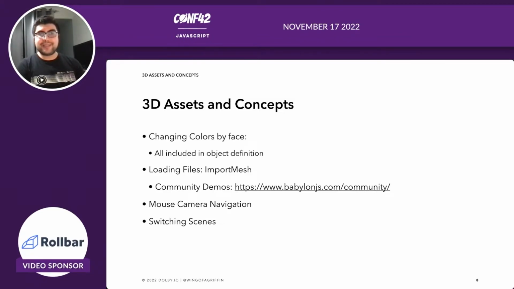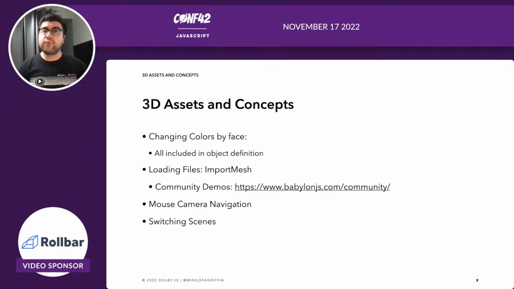So with 3D assets and concepts, we're able to expand on these Hello World concepts a little bit further, where we can do things like change the colors of the objects, or we can even directly load files. If you have an artist, for example, building a lot of these assets and models in a program like Maya, where you have a professional working on them instead of trying to create a bunch of boxes and spheres and putting them all together for what you want it to look like in the first place, you can directly put it in with that mesh itself.